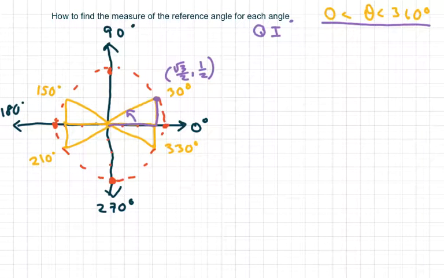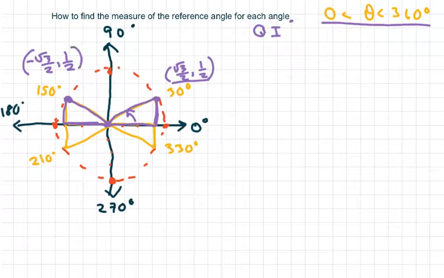Since this is the same triangle here, I know that this point is the same, except my x, this length here, is negative. So it's negative square root of 3 over 2, comma 1/2.